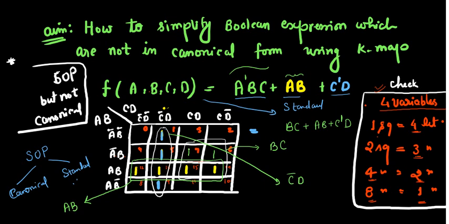Of course, it is in SOP, sum of product form, but not each term contains all the literals. This is how you first represent it, and then you solve it using the concept of looping, and this is the simplified version of our expression.